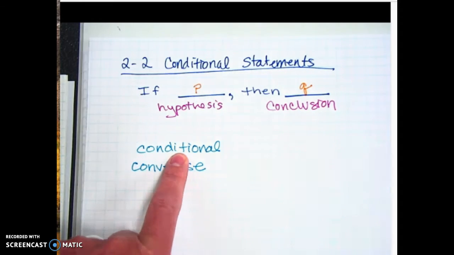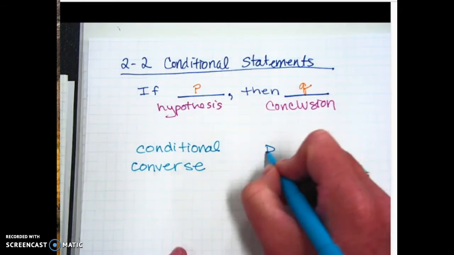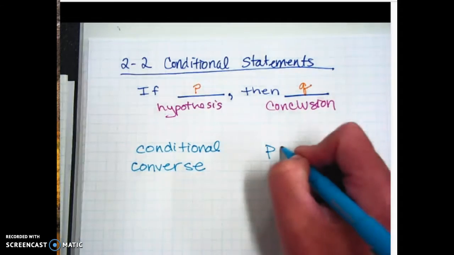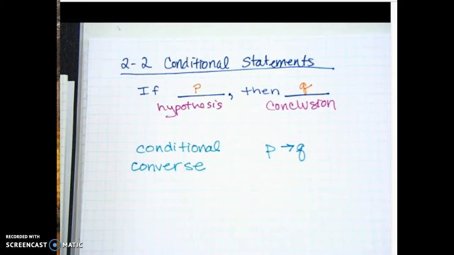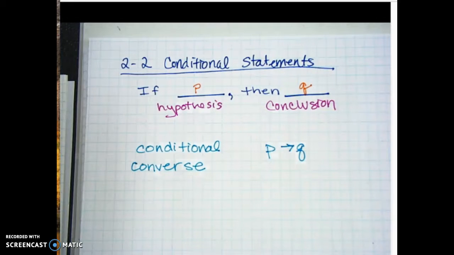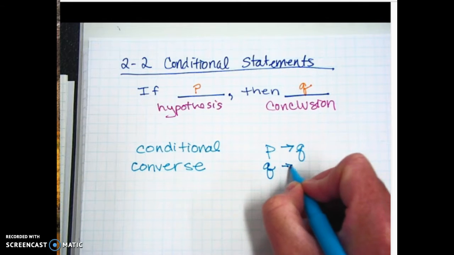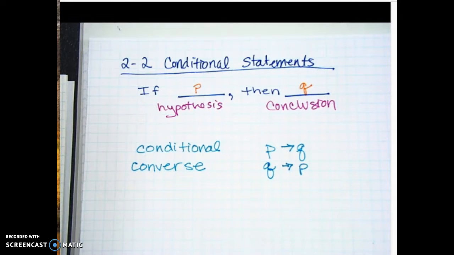So the conditional statement, you start with P, and then you end with Q. So for the converse, you start with Q, then you have the P. So converse just basically switches the order of the two statements.